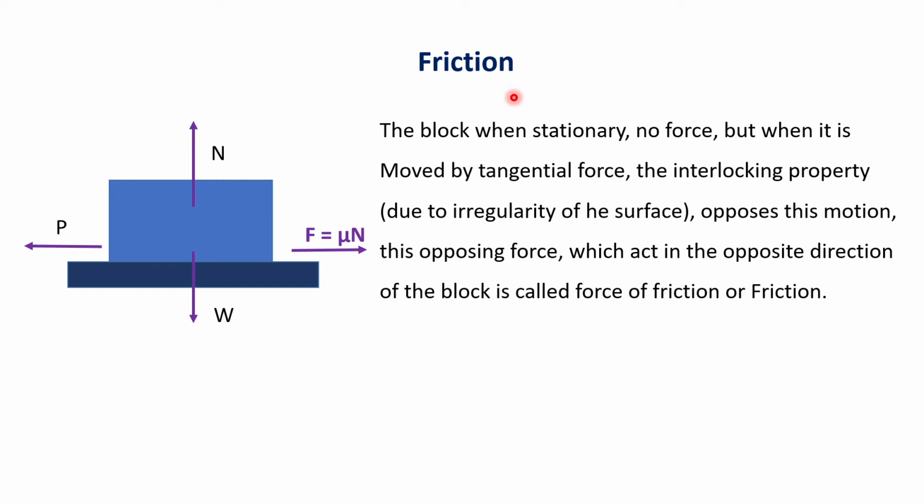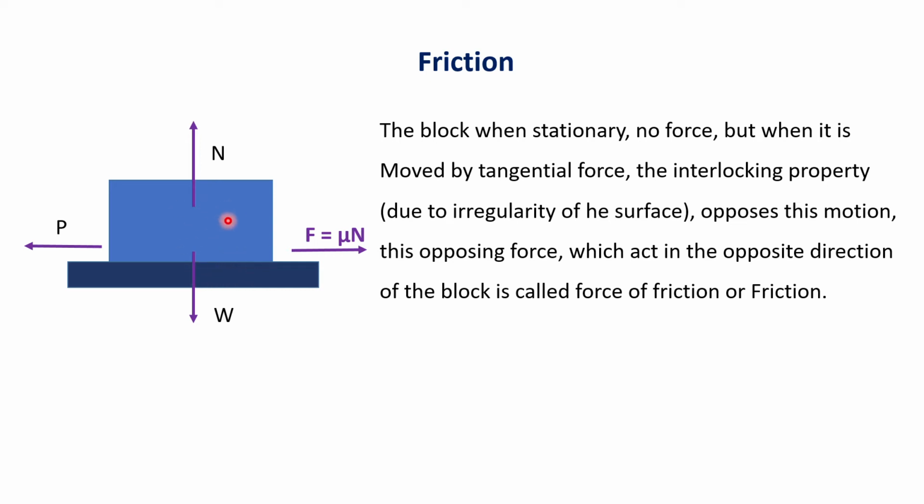We are going to see the effect of this friction on a mechanical part, that is the screw jack. Here a block, a simple example, is given. A block is just stationary. We have seen the free body diagram definition. At that time I told you to imagine a book kept on a table.